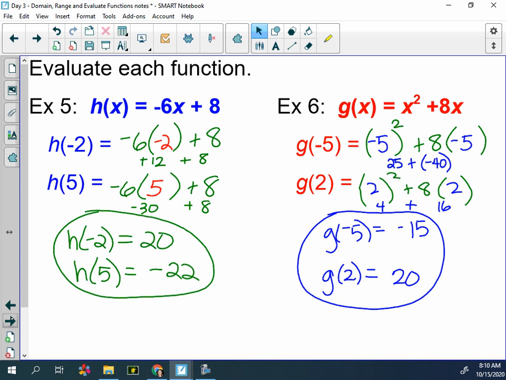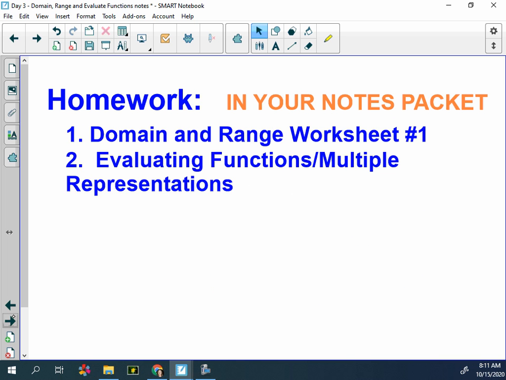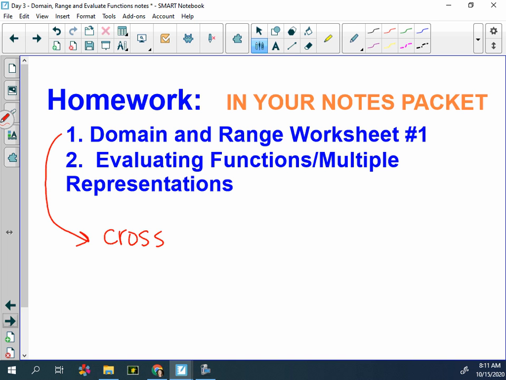So let me explain why I wanted you to cross them out, because the domain and range is a little bit weird. We're not going to get into that. Let me find my paper. Oh, okay. Actually, I will write it up here. I've got it. Okay, so cross out number 1.